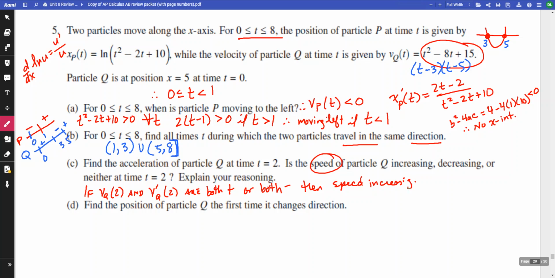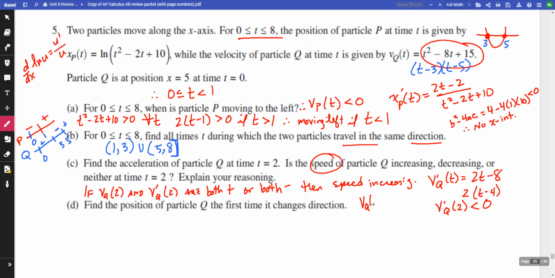All right, so we need to find the v prime. So v prime for q is going to be 2t minus 8, and that's 2 times t minus 4, and so I know v prime q of 2 is going to be clearly negative, and vq of 2, let's check out vq of 2.